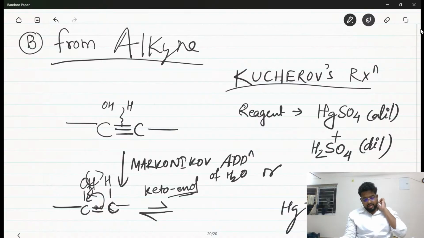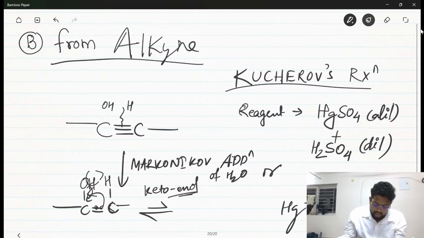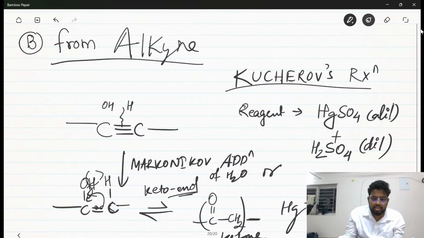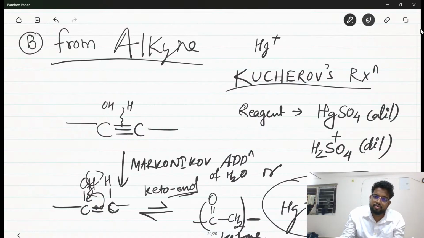See what they are giving? Now they are making a hydrogen shift and making a ketone or aldehyde possible, C double bond O, CH2 and this. So this ketone is formed by the reaction. Kucherov is also denoted as Hg2+ and H2O.